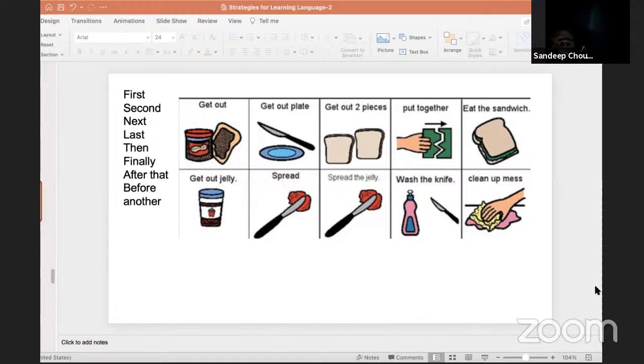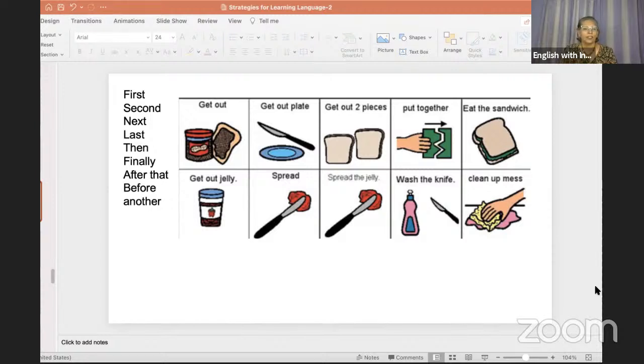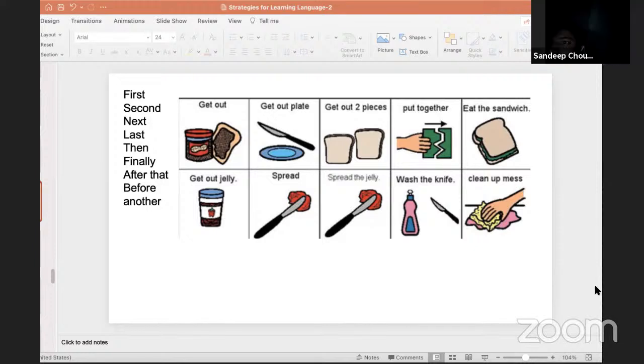So you can say I took out jelly and bread out of the fridge, and then I opened the bread bag and took out 2 slices, right? After that, you picked up the knife, opened the jelly jar, and spread the jam on it, right?